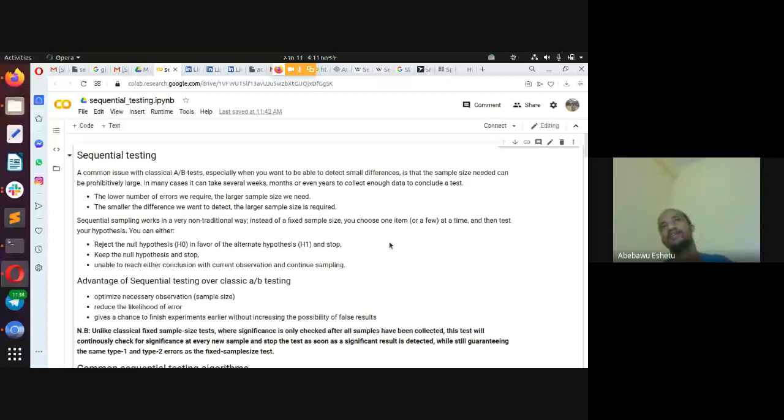In sequential testing, the procedure is similar to the classical testing approach that we are using. The only difference is, instead of looking for the maximum sample size that we initially defined, we work with this objective.